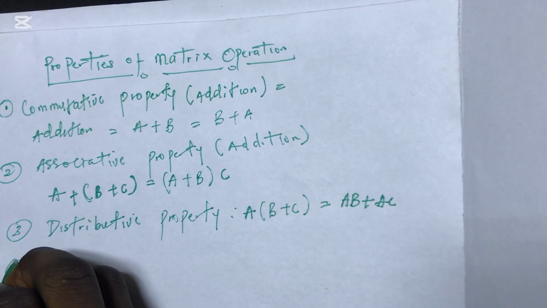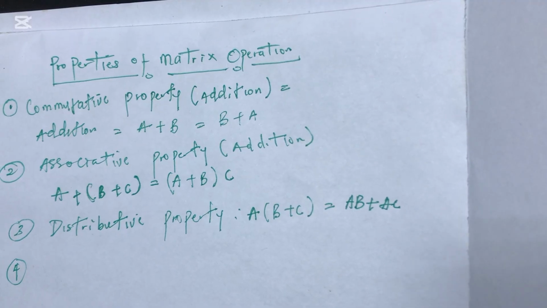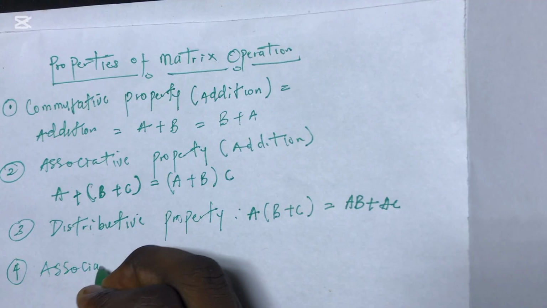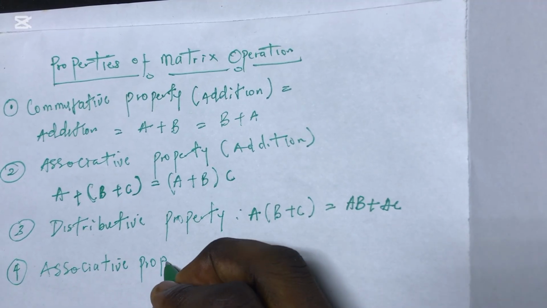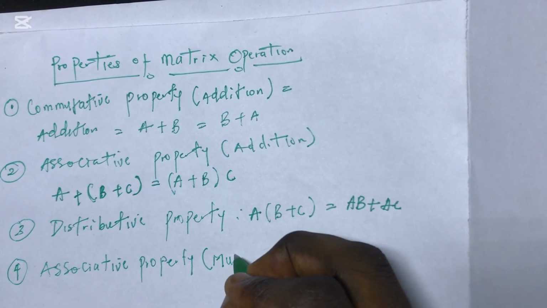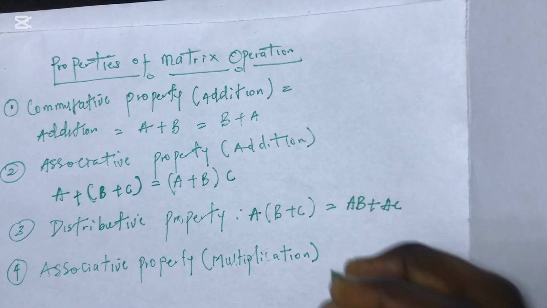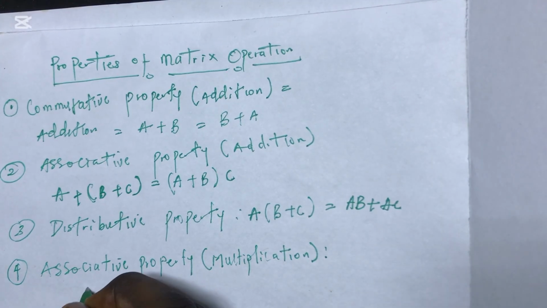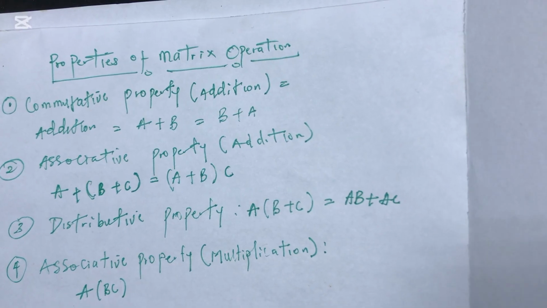Alright. Then number four, we have the associative property, but this time around multiplication. Let's say we have A into BC.